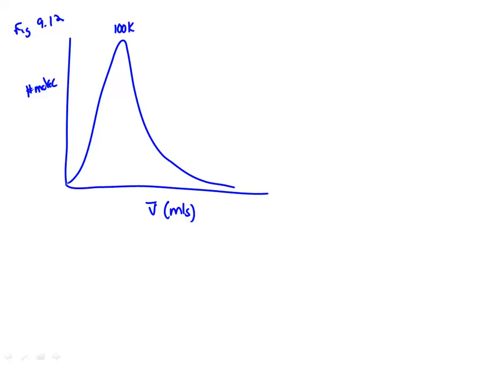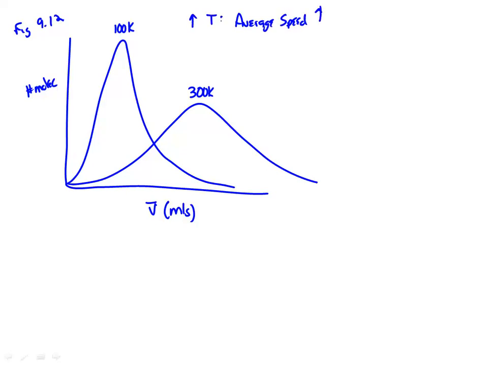And as temperature increases, so does our average speed, but because the number of molecules is supposed to stay consistent, which there's no way I can sketch a good graph of that part, our average speed increases. So as we increase the temperature, our average speed increases, but the distribution widens.